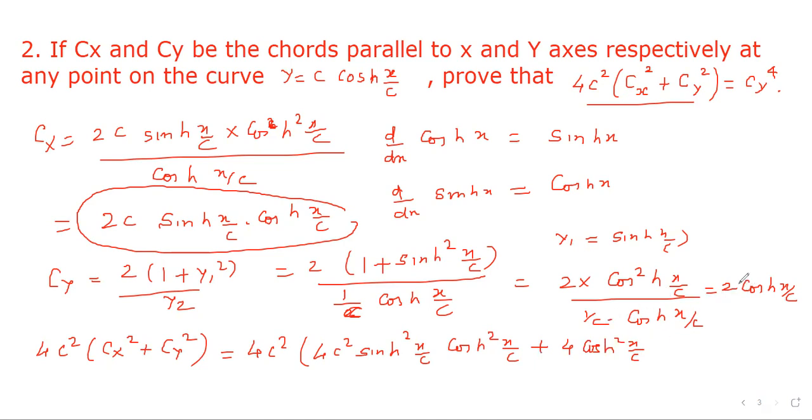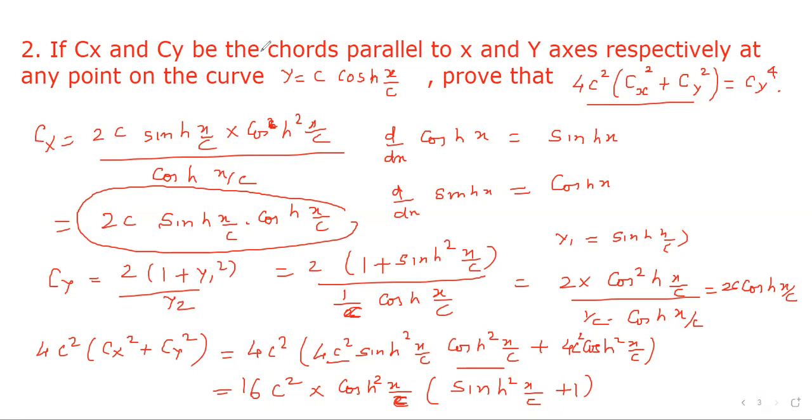Here c is missing. This is 2c, so this is 4c square. Now, 4c square can be taken out, and also cos hyperbolic square x upon c can be taken out. So this will become 16c square times cos hyperbolic square x upon c. Then inside the bracket, we will be left with sine hyperbolic square x upon c plus 1, and that is cos hyperbolic square x upon c.